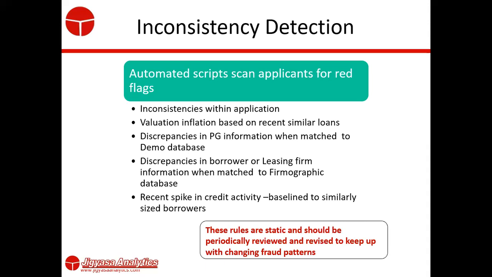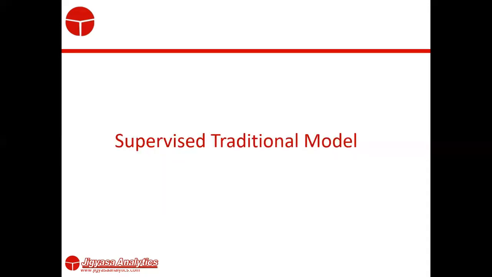Another important thing to remember is these rules are static and should be periodically reviewed and revised to keep up with changing fraud patterns. Next, we will talk about supervised traditional models.